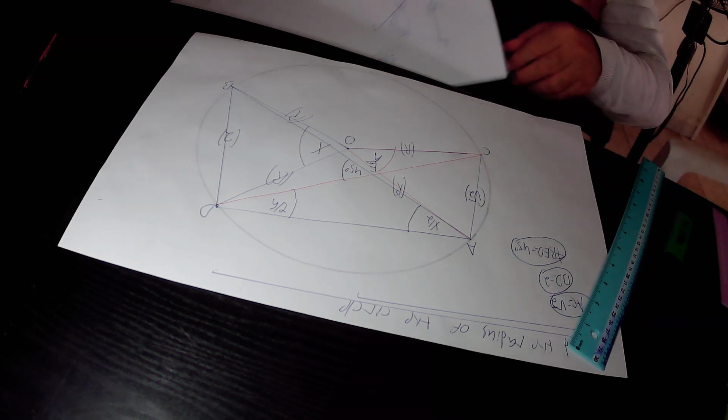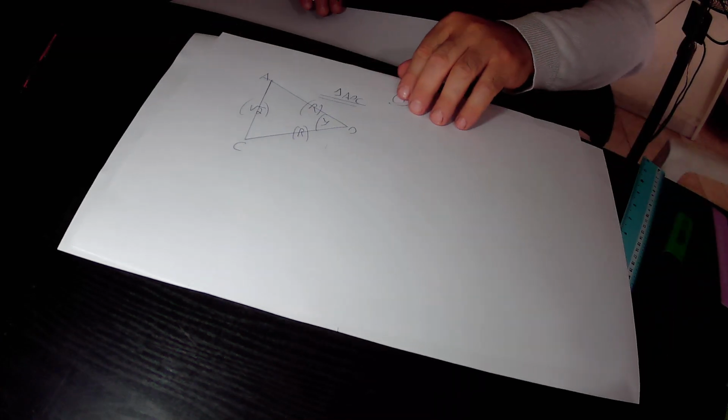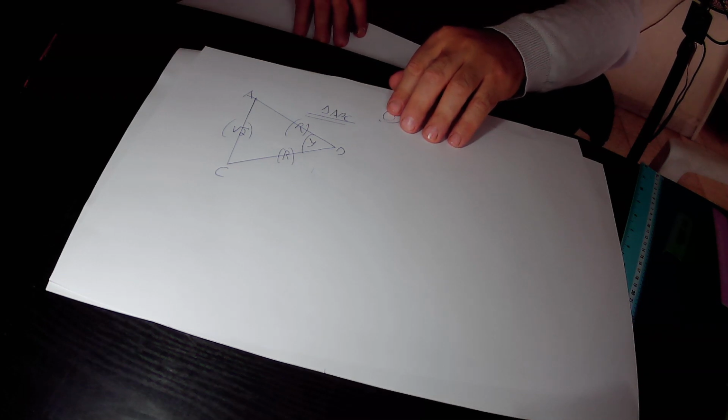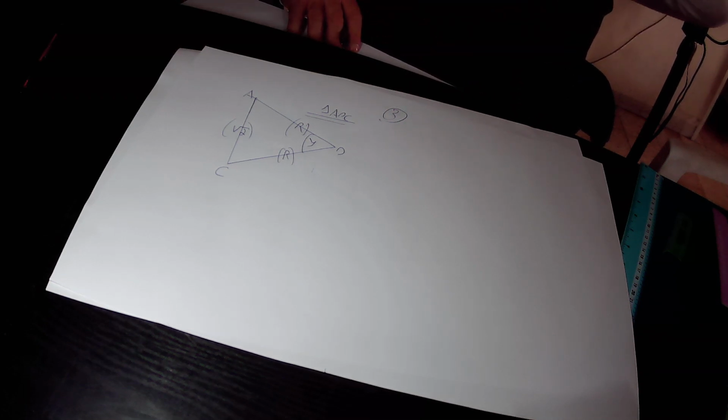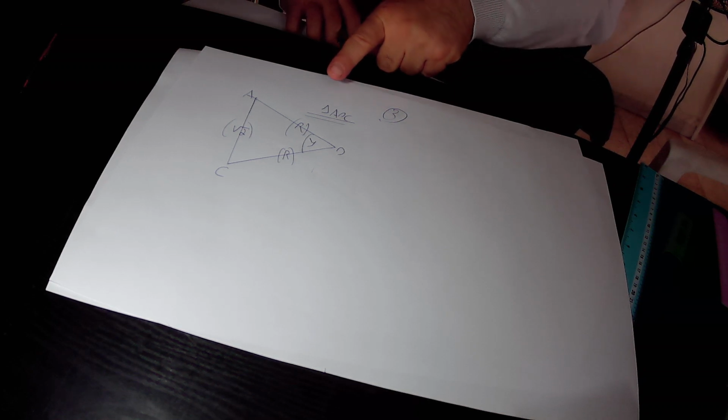So actually, this is triangle AOC that is copied from the original drawing. In the next step, we will implement the law of cosines in this triangle, triangle AOC.